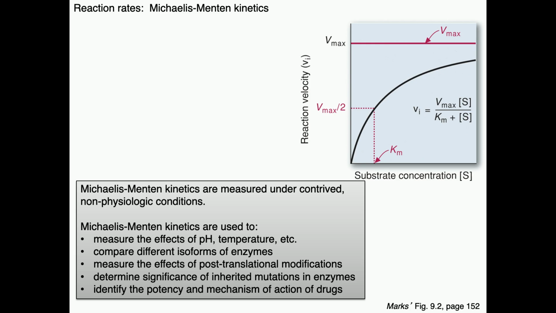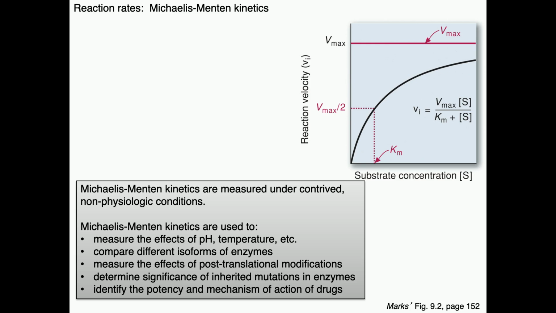So let's look at an example of how Michaelis-Menten kinetics could be used to measure the effects of pH. Now, you could vary the pH such that you're completely denaturing an enzyme, and that's going to, of course, alter its activity.